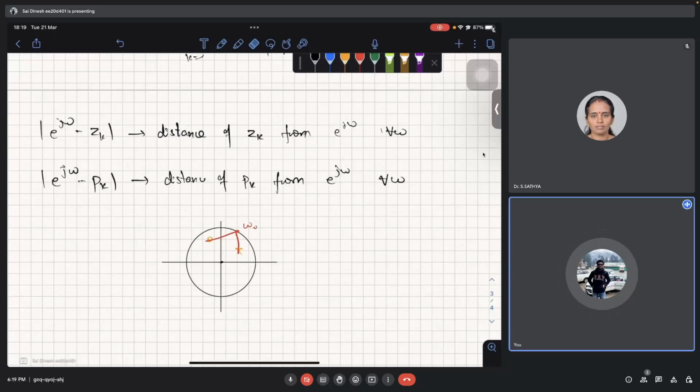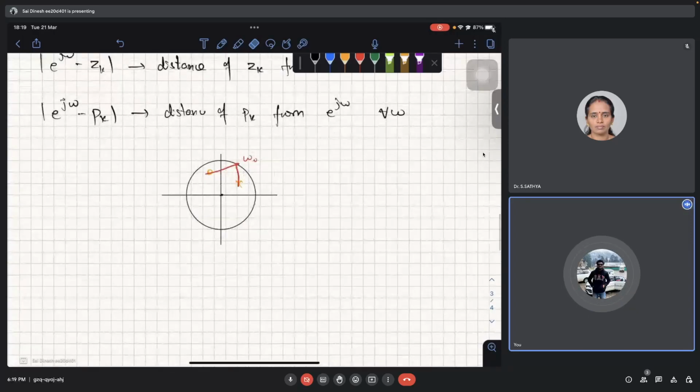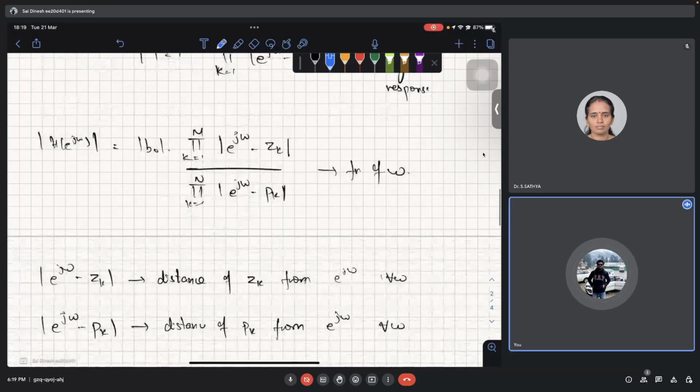So if the zero is closer to the unit circle, meaning the distance of that zero from the point on the unit circle which is closest to the zero is very small, close to 0, right? In that case the numerator of the magnitude response is decreasing, right?